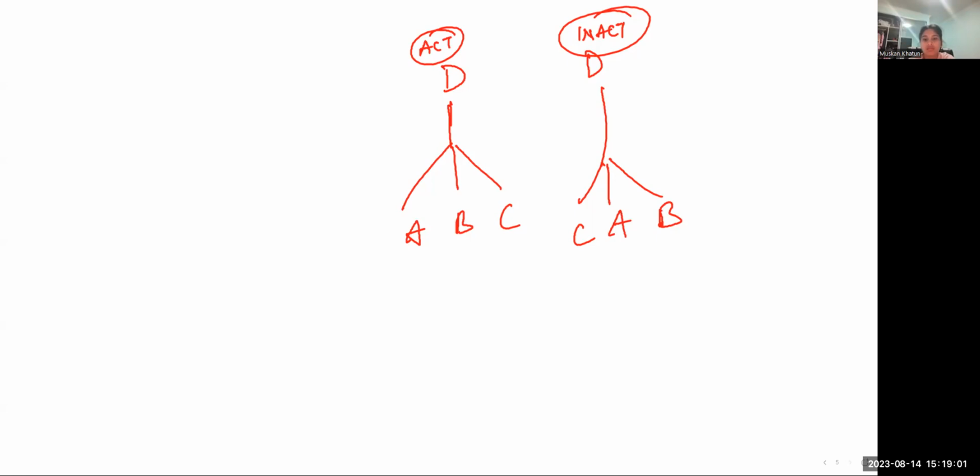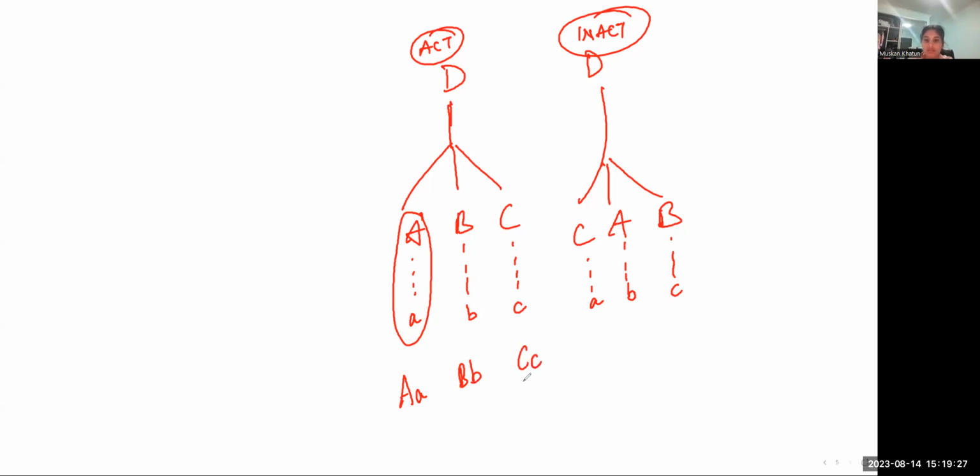This is a small a, this is a small b, and this is a small c. Here also I have a, b, c. So this is the AA combination, this is BB, this is CC. If this has to interact with another enantiomer, it should be in the same sequence.